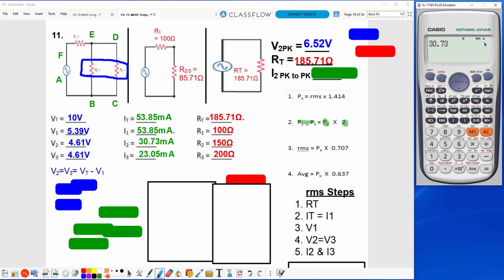So it's 30.73 times 1.414. That gives me peak. Then when I multiply by 2, that gives me the peak to peak value, 86.90 milliamps. So basically we work the problem like you would for DC, giving you all of your RMS values. Then you look for the exact AC value requested and just run the RMS value through the formula to give you the AC value.